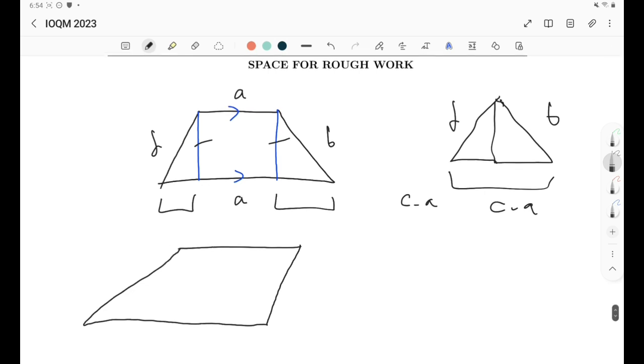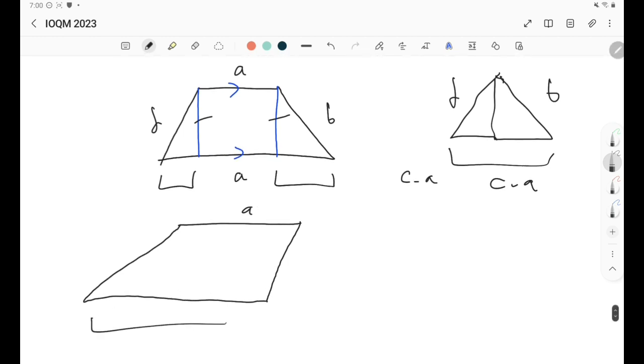So that means we just need to count how many possible triangles we can create, such that C minus A, B, and D form a triangle, and A, B, C, D are in that set. In the other case, however, here we have A, and again this is C. You can actually do the same thing.